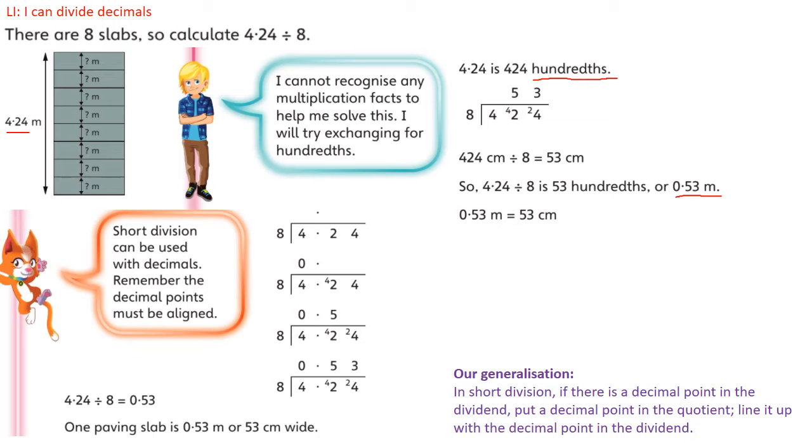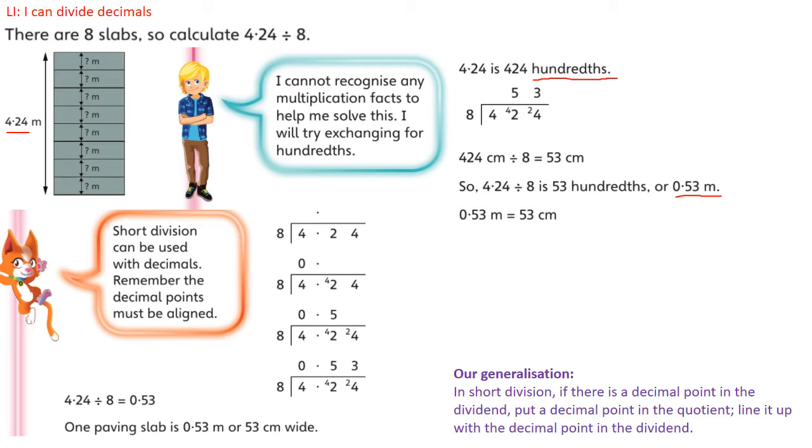So to help us here, particularly with the version that I've just shown you originally, we can make a generalisation. In short division, if there is a decimal point in the dividend, put a decimal point in the quotient, line it up with the decimal point in the dividend.